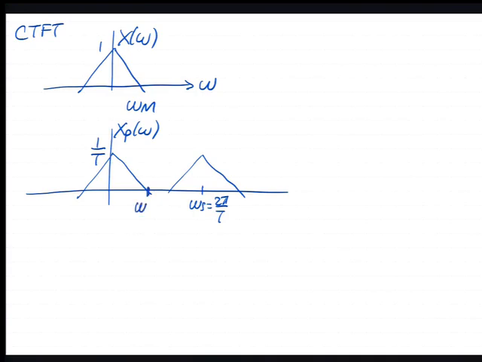Because omega m is here, right? Half of omega s is this, right? Half of omega s is the middle. If omega m goes over that half, they will start overlapping. Okay? So that's the critical part. That's why we need omega s bigger than 2 omega m.